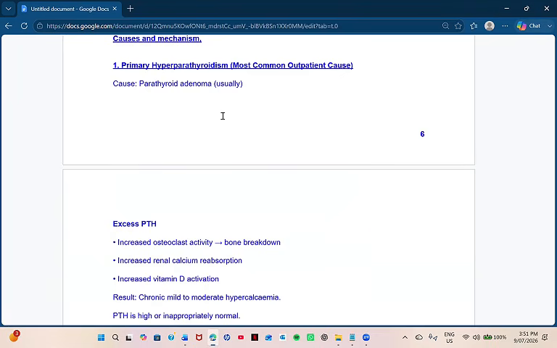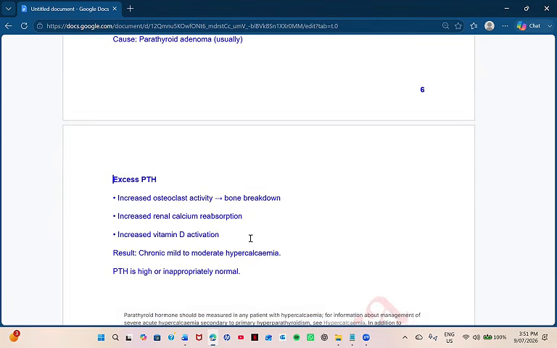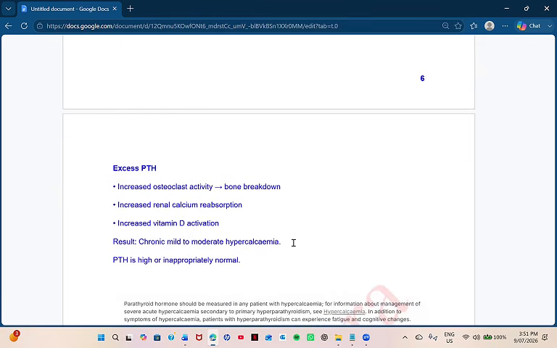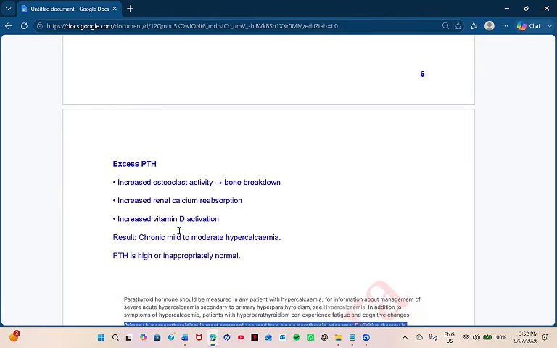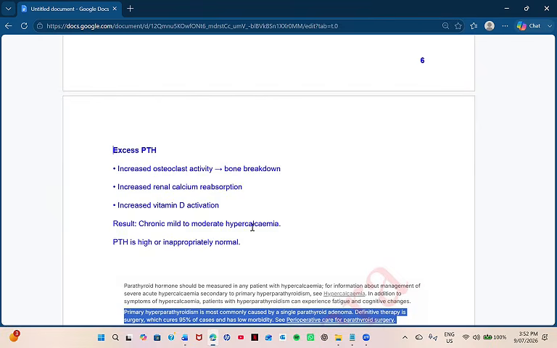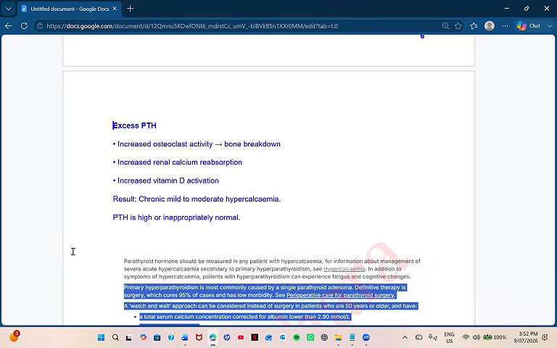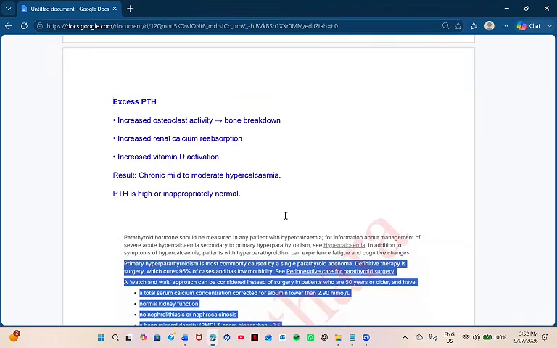If there is an adenoma, it can produce excessive parathyroid hormone, which leads to increased osteoclast activity, bone breakdown, increased renal calcium reabsorption, and increased vitamin D activation, right? So it results in chronic mild to moderate hypercalcemia. So the parathyroid hormone level is high or inappropriately normal, right?